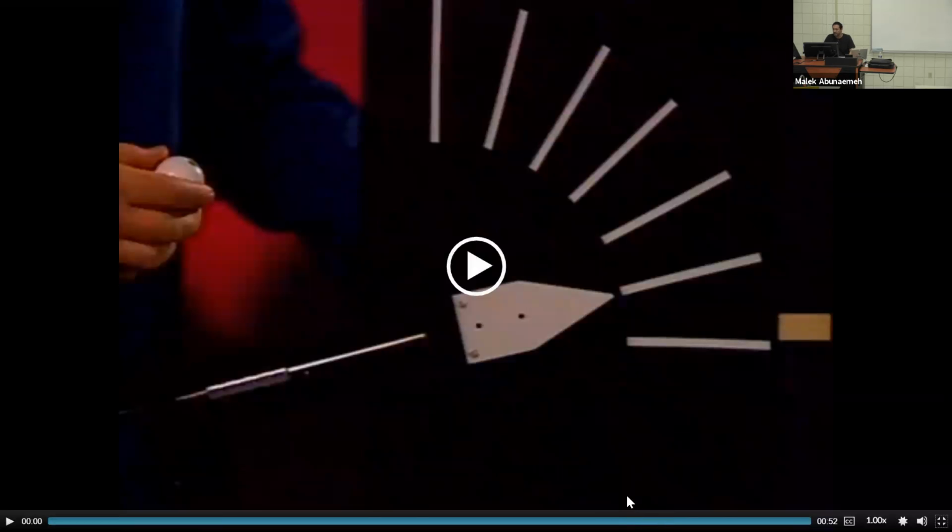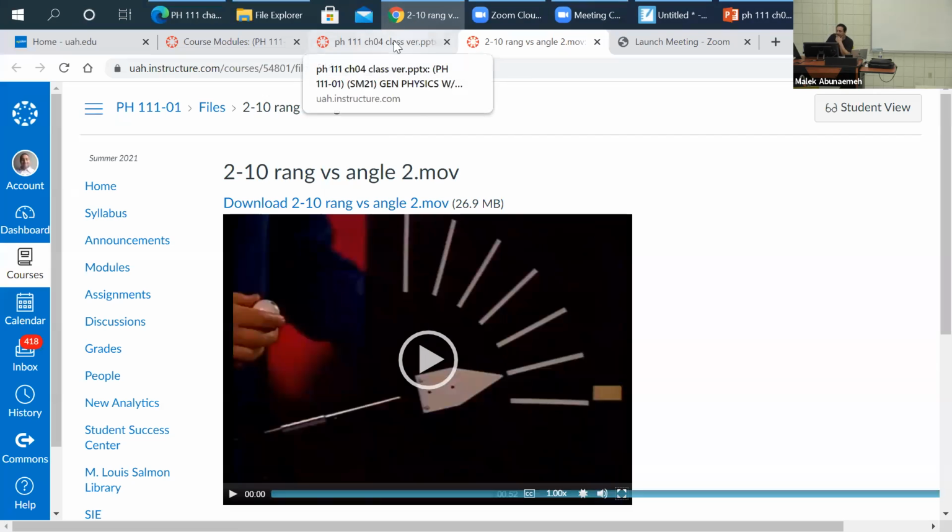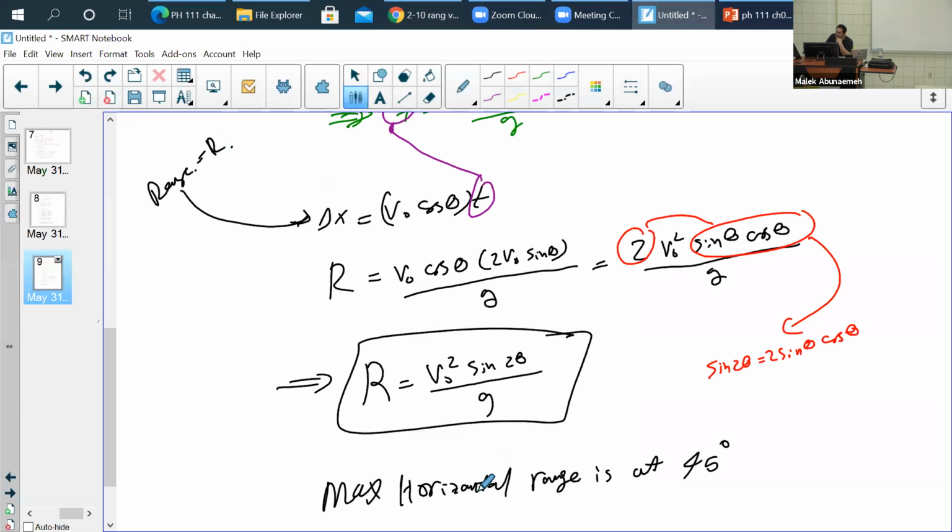As you see, it was a 45-degree angle. That's the maximum horizontal range, if you want to throw something the maximum amount.